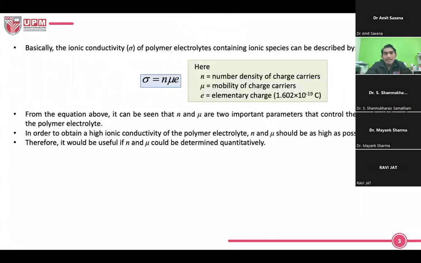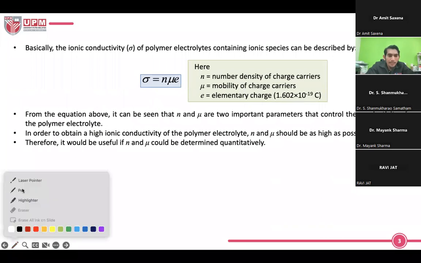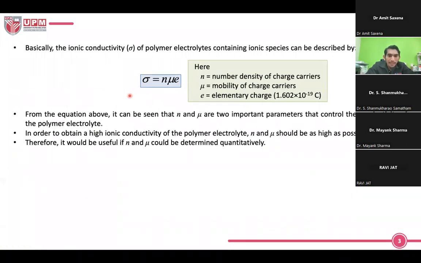So basically, the ionic conductivity is described by sigma equals n mu e. So n is the number density of charge carrier, mu is the mobility of charge carrier, and e is elementary charge. So this is a basic equation for the conductivity.